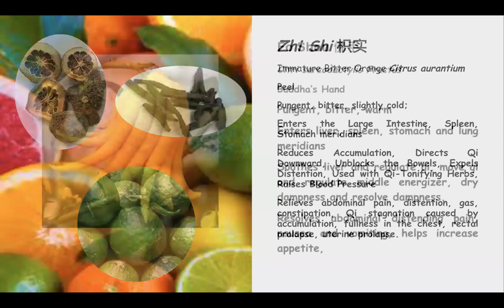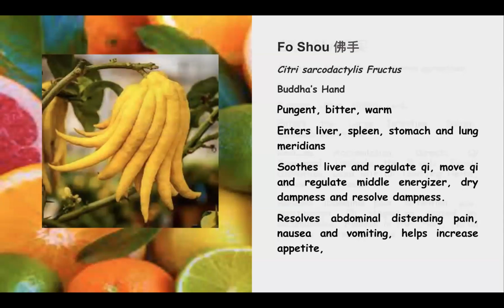Now, here is a really lovely plant. I always say I would like to be in the pitch meetings when nature was like, hey, let's do this, and how they got this through the committee. But in English, it's called Buddha's hands. And most of us have seen bits of this.